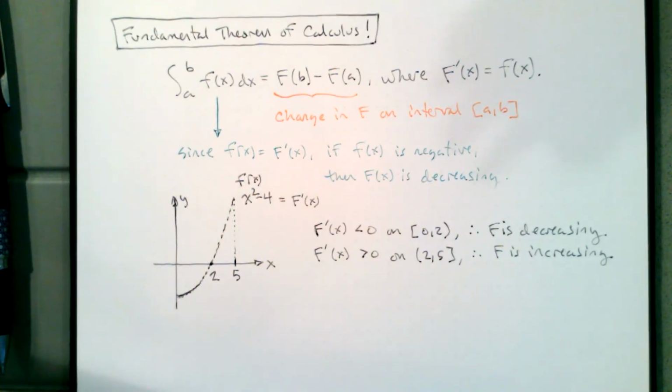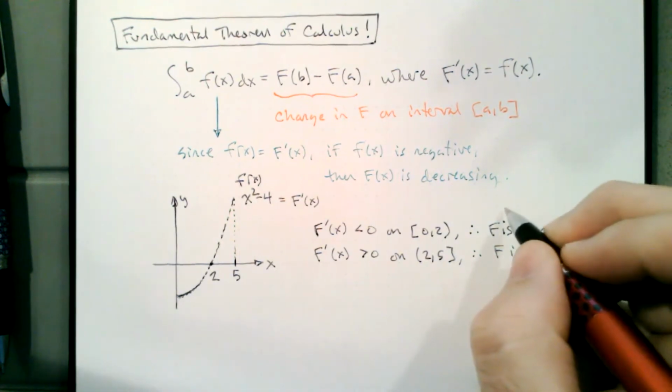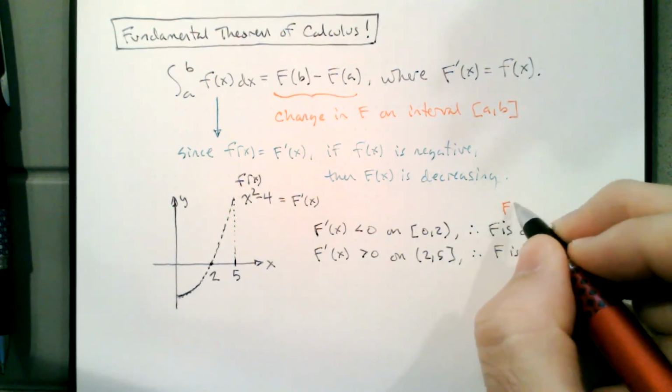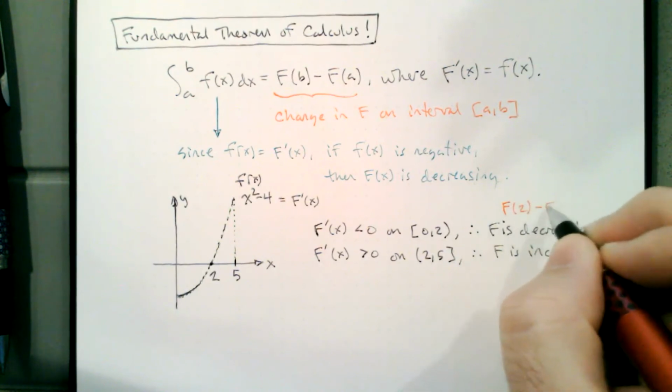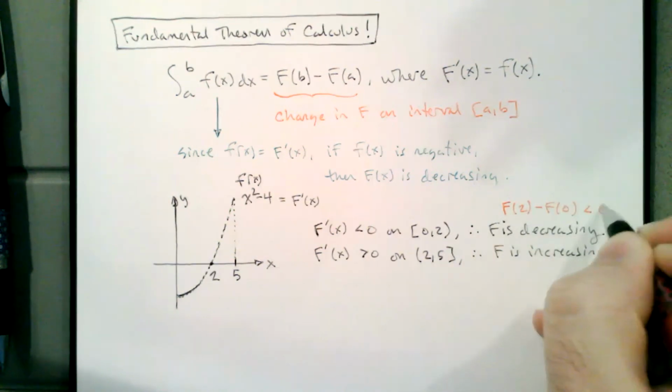Since F is decreasing, capital F of 2 is less than capital F at 0. So capital F at 2 minus capital F at 0 will be negative.